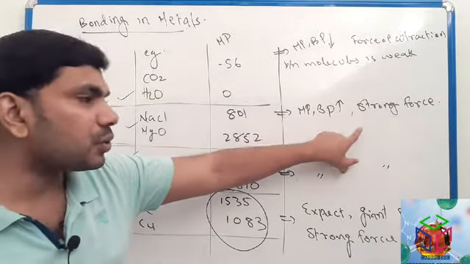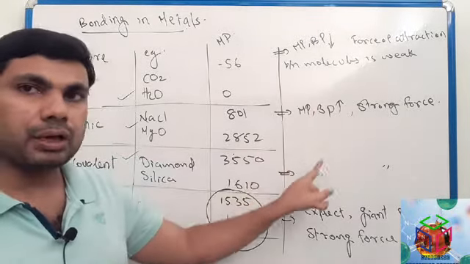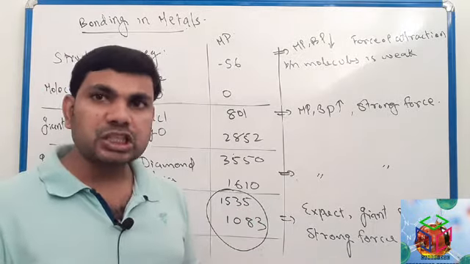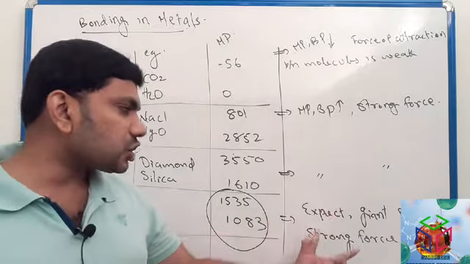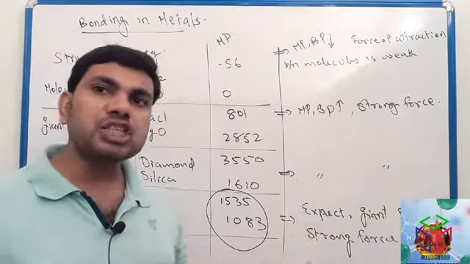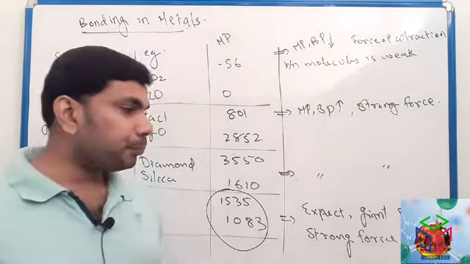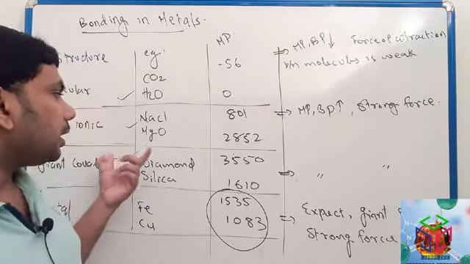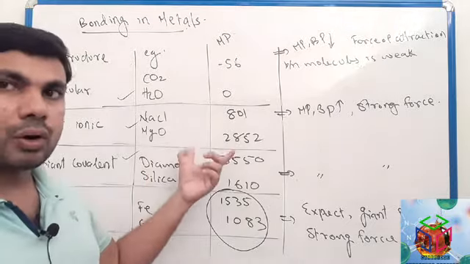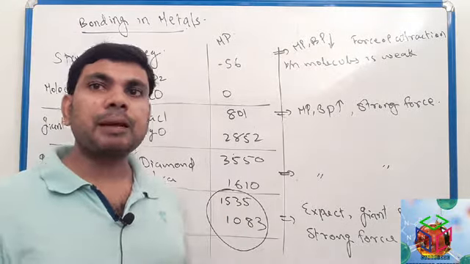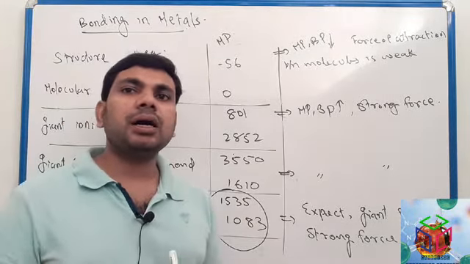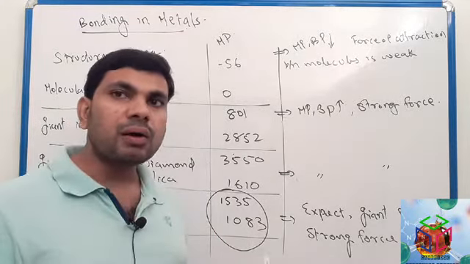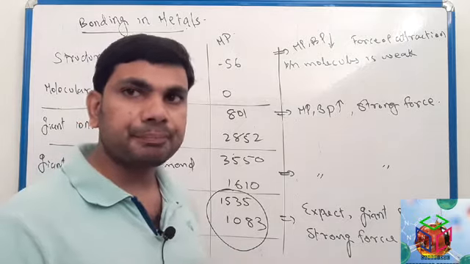They have strong forces of attraction. So we can expect metals to consist of a giant network structure with very strong forces of attraction. Clear?